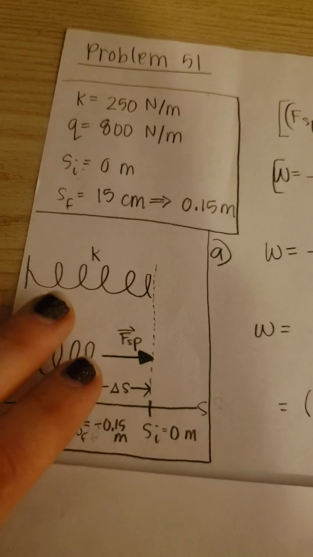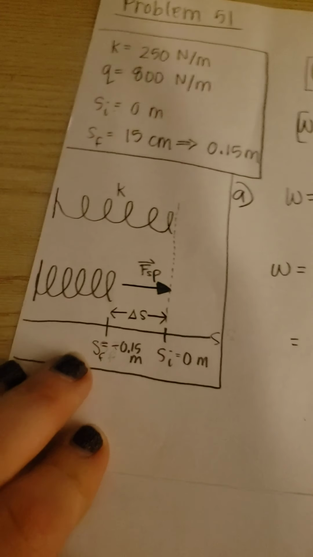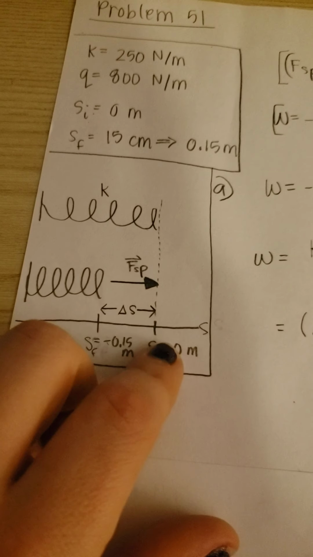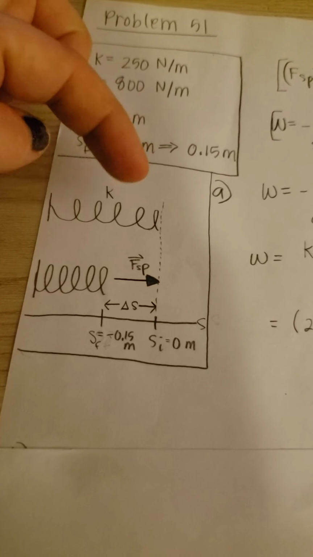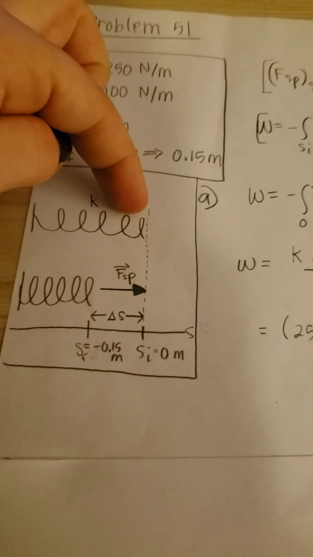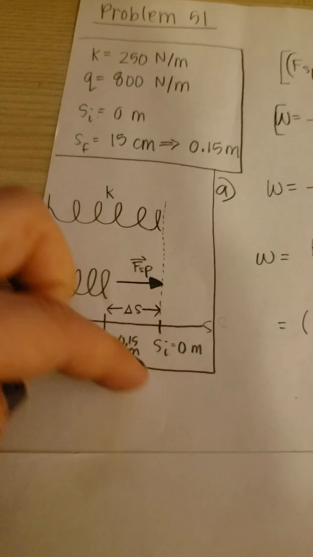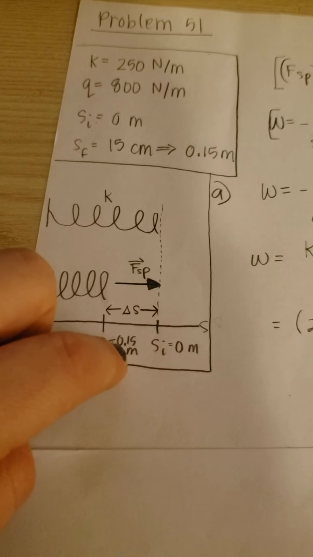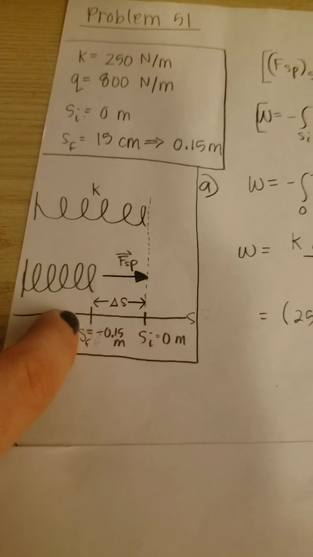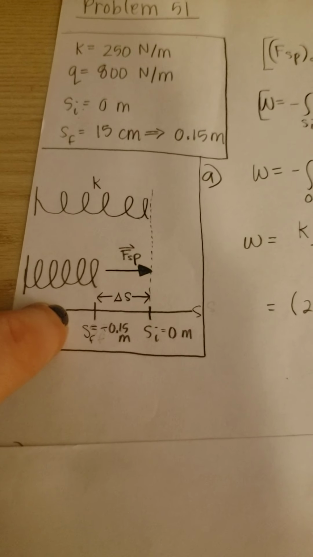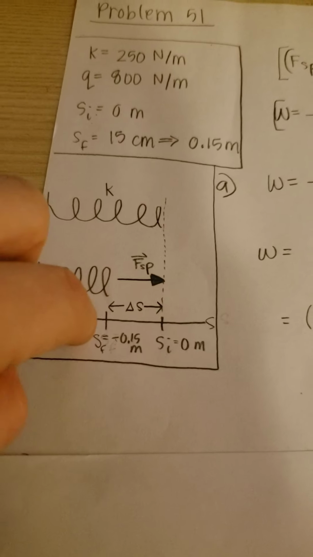I've drawn out a little figure here along the s-axis. We have our starting position with the spring at equilibrium here, and then we want to compress it 0.15 meters. So along an axis, that'd be negative 0.15 meters as our final position.